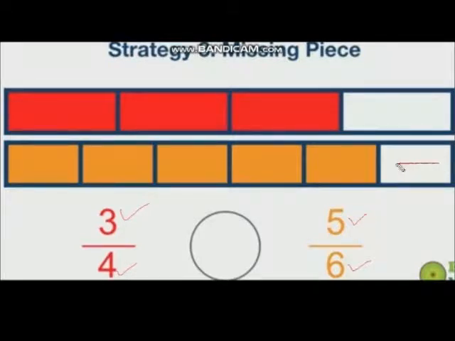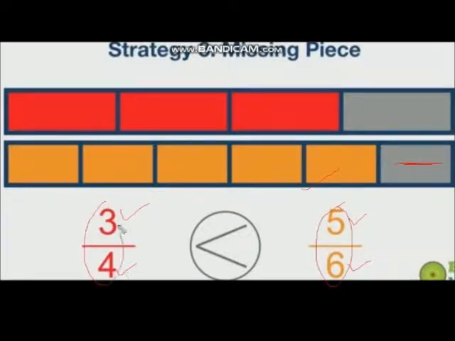Here. This one is less empty and this one is for the 5 by 6 fraction, right? That's why this 5 upon 6 fraction is greater and this 3 upon 4 fraction is less than 5 upon 6. So wherever you see less empty space, that fraction will be greater. Like this you will find out which fraction is greater.